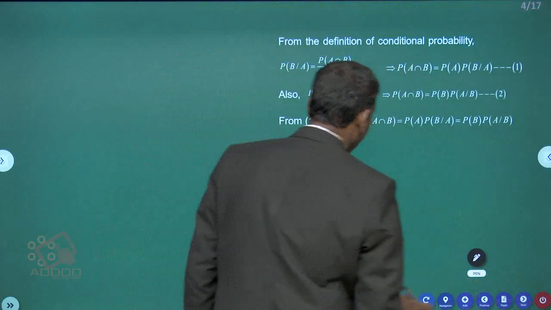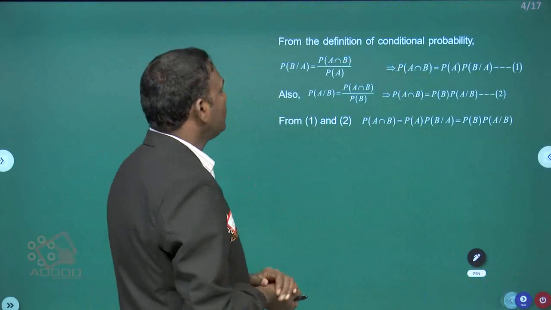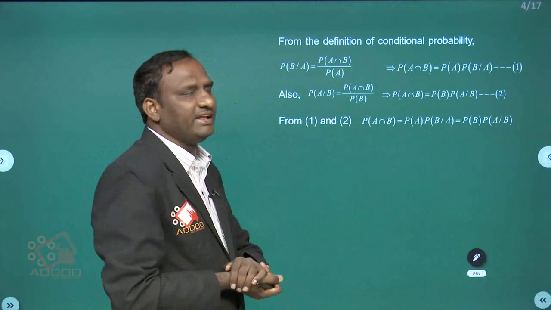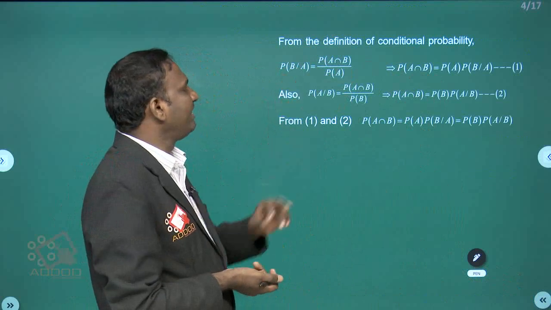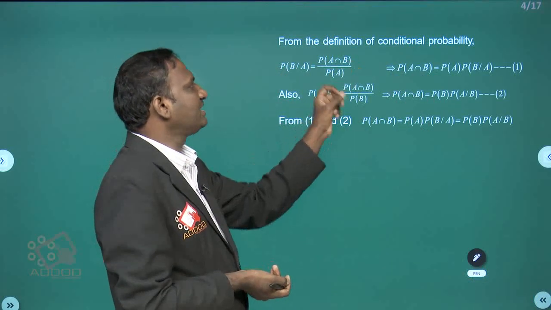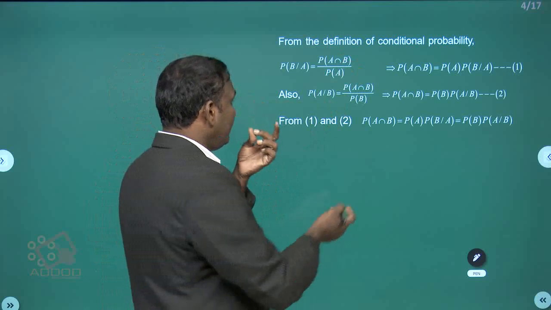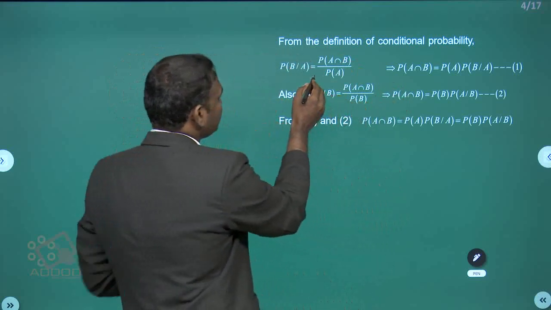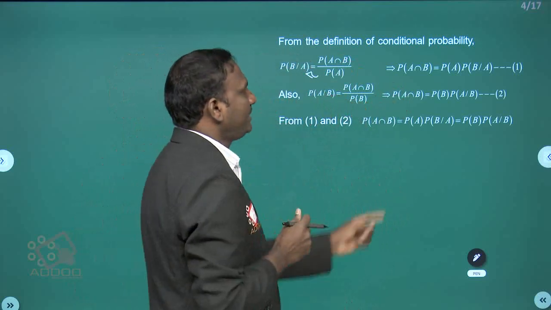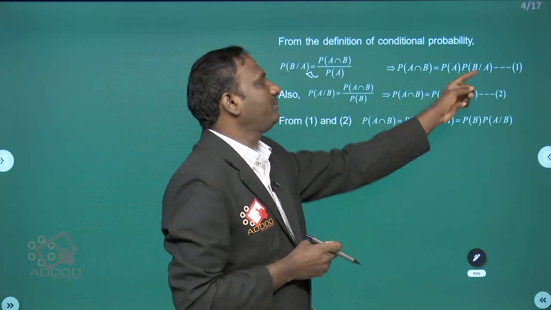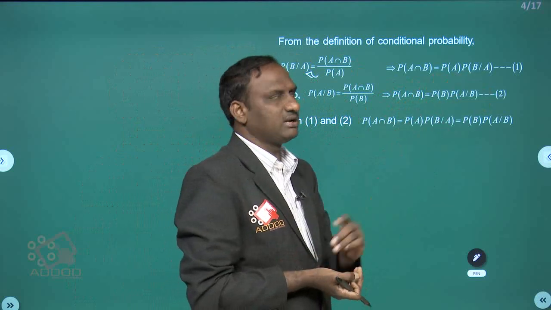Now, from the conditional probability definition, P of B divides A can be written as P of A intersection B by P of A, and here we can cross multiply the denominator: P of A intersection B is equal to P of A into P of B divides A. That is condition number 1.